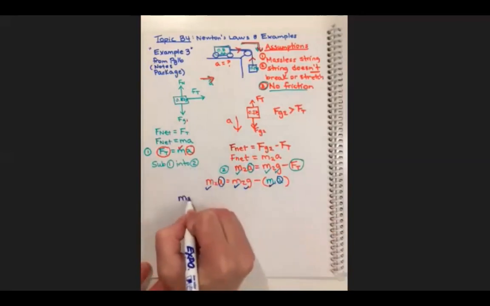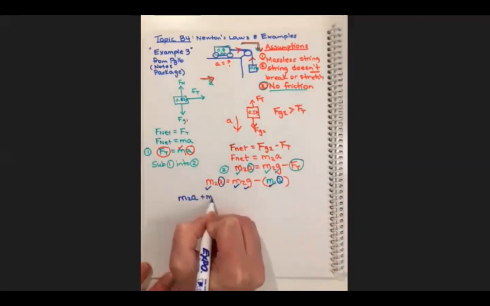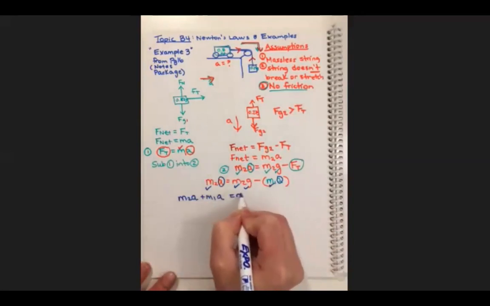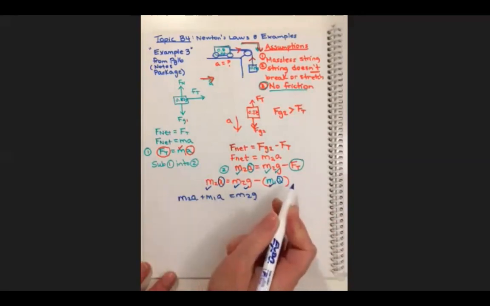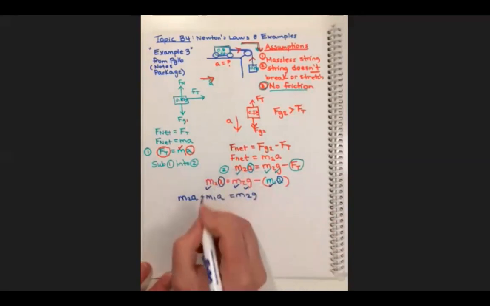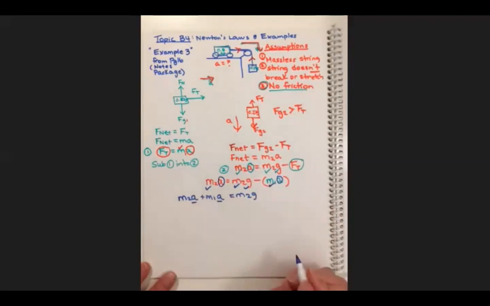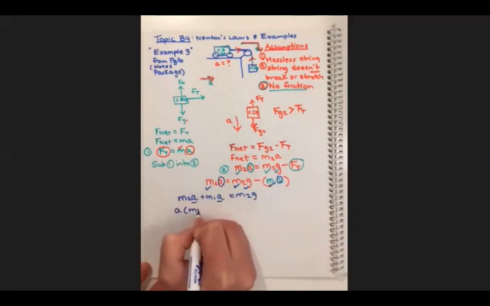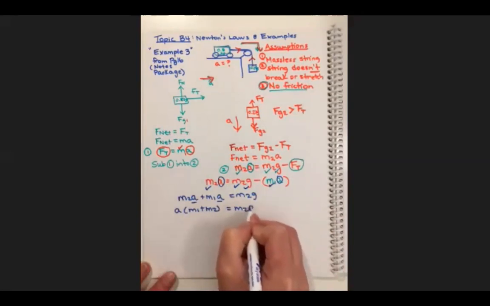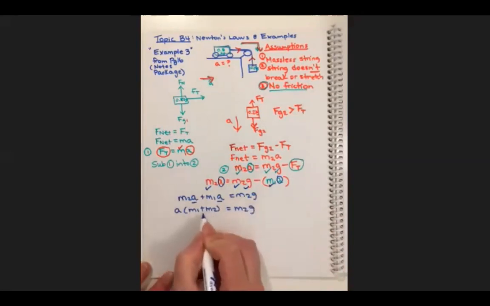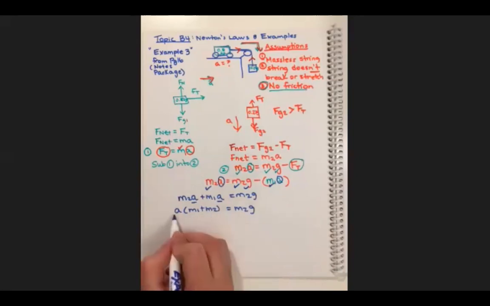So m2a plus m1a equals m2g. The m1a term becomes positive because we bring it to the other side. The a terms are collected. Now we can factor out a. Addition is commutative, so it doesn't matter if it's m2 plus m1 or m1 plus m2. Then the final step to isolate a would be dividing both sides by m1 plus m2.